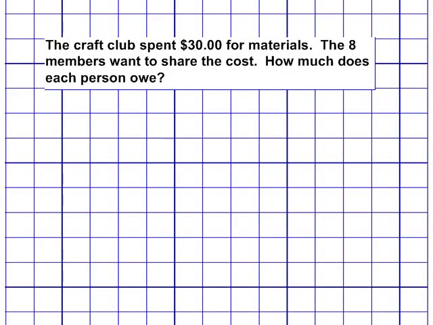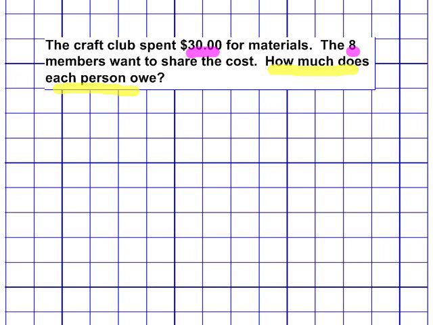In our final example, the problem says that the craft club spent $30 for the materials. The 8 members want to share the cost. Isn't that nice? How much does each person owe? The question being asked is, how much does each person owe? And the information that they gave us was that $30 was spent total, and that $30 was split between 8 people.